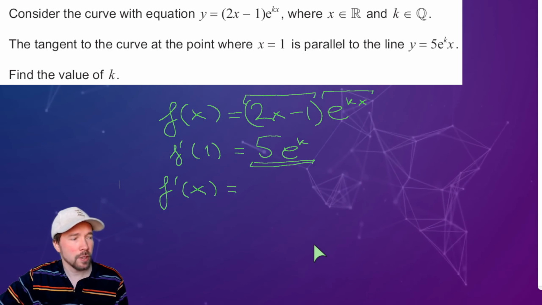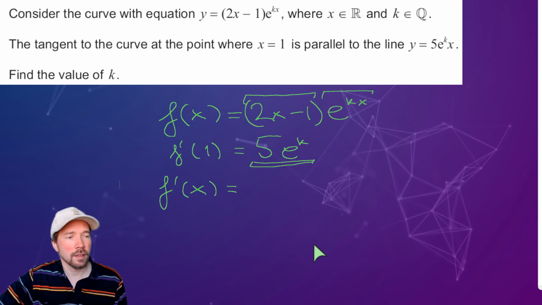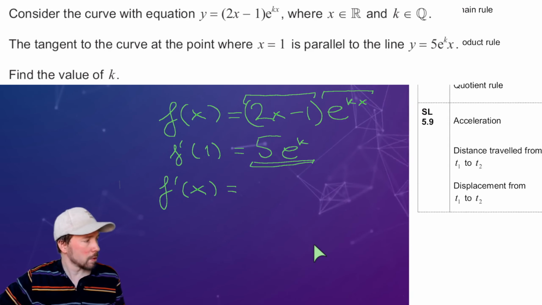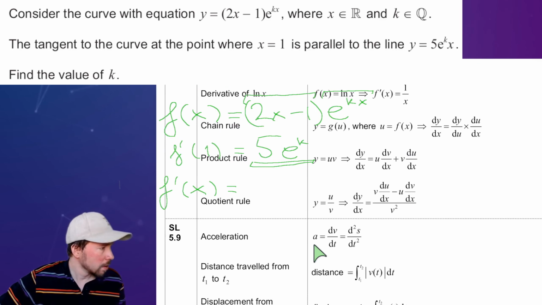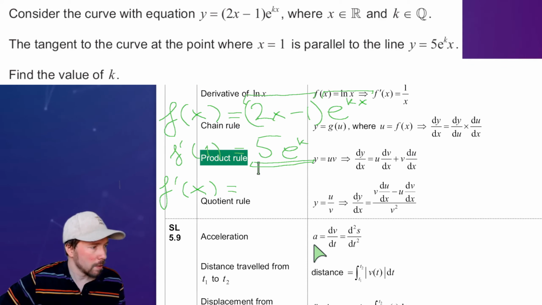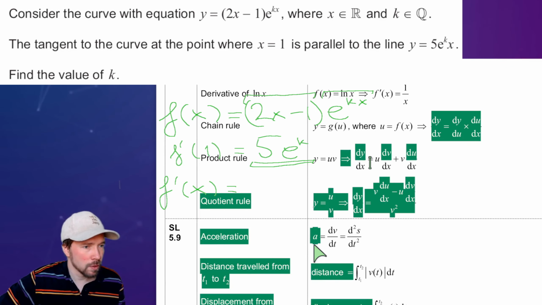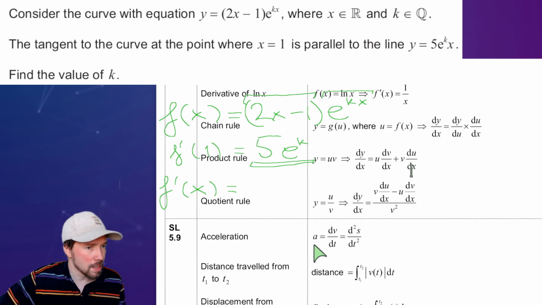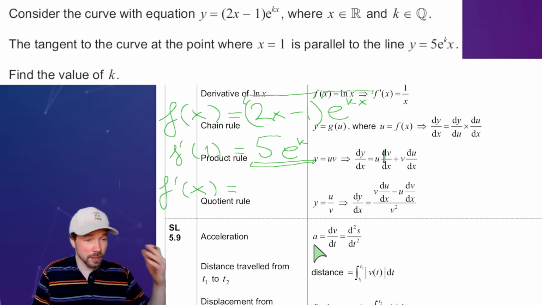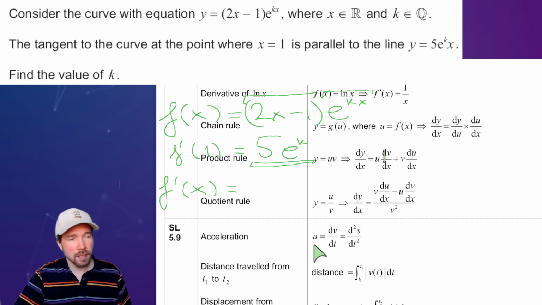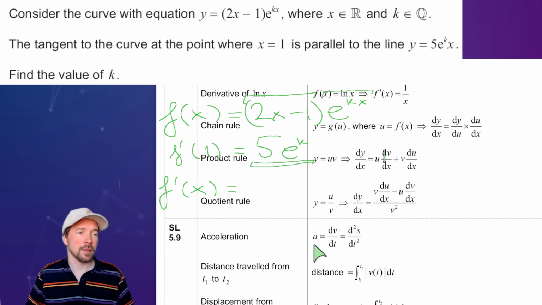Whenever you have a product of two functions, you can look into the formula booklet, by the way. Here's the formula booklet, and here is the product rule. If you have a function which is a product of two functions, the way you differentiate it is that you take the first function multiplied by the derivative of the second, plus the second function multiplied by the derivative of the first.